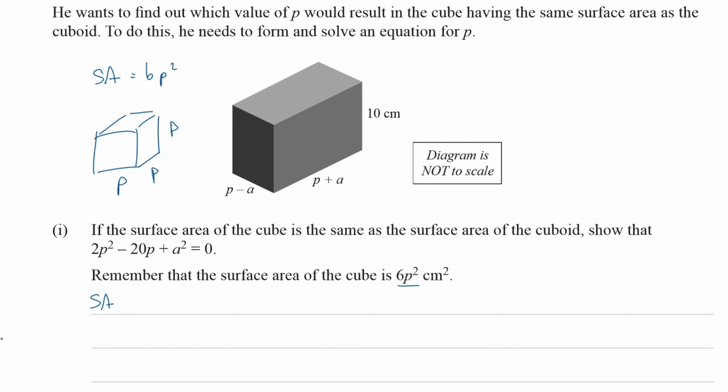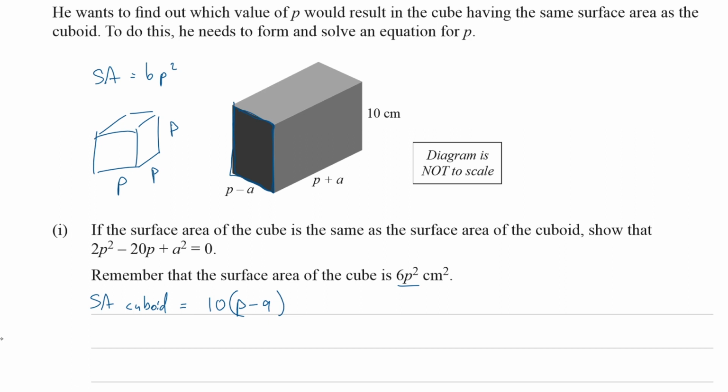So the surface area of the cuboid is, let's do this darker face first, p minus a times 10, or I'll just write that as 10 times p minus a.